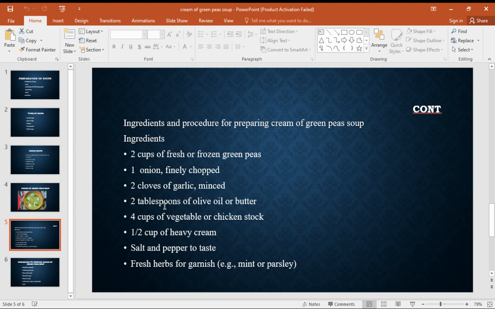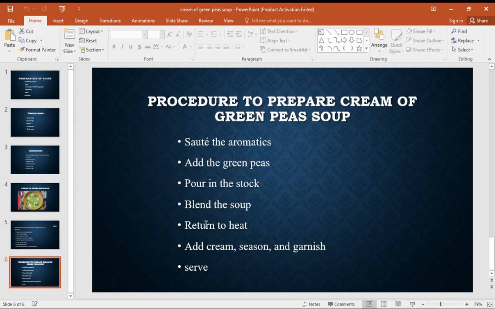So let's look at the procedure to prepare green pea soup. Number one, you first saute the aromatics. We talked about the aromatics. These are the vegetables. You saute the onion, the garlic, the leek, carrots.